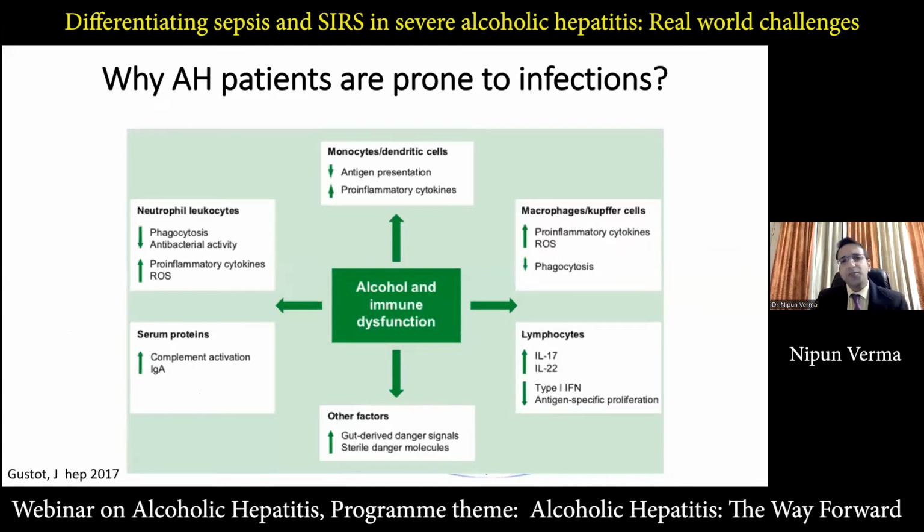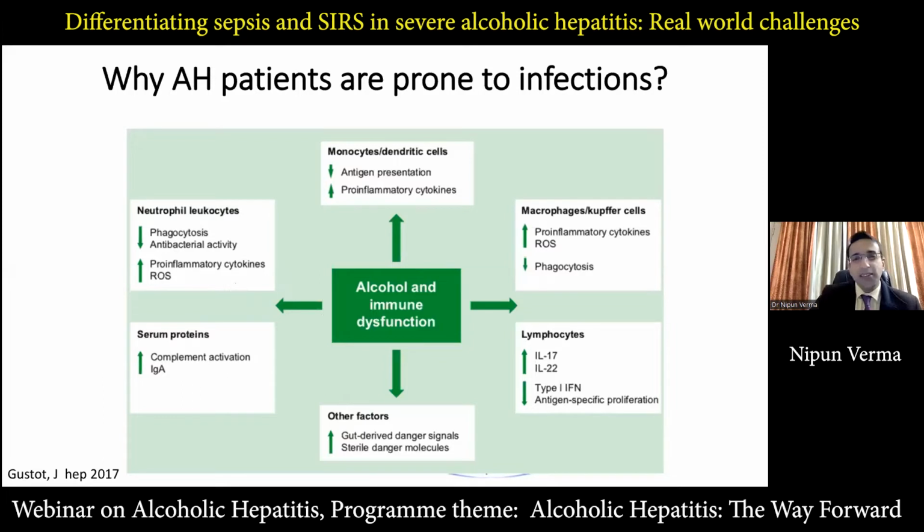We know that there is a multitude of immune defects in this group of patients. Starting from the neutrophil, monocyte, macrophage system, there is a dichotomy: they are secreting more pro-inflammatory cytokines, but their functions are going down. Their phagocytic functions are going down. And recently, epigenetic changes have been described in this group of patients, where they showed that the polyfunctionality of neutrophils and monocytes was grossly impaired.